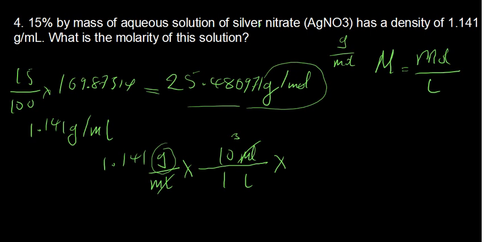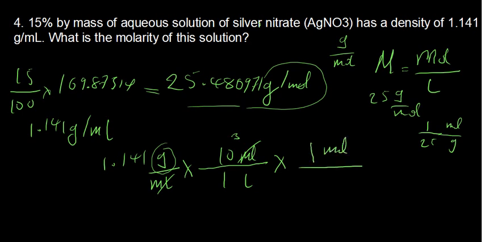So 25.48 grams per mole, if we take the mole on top and the gram down, becomes 1 mole over 25.480971 grams.